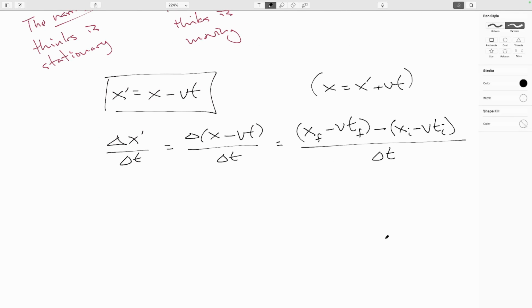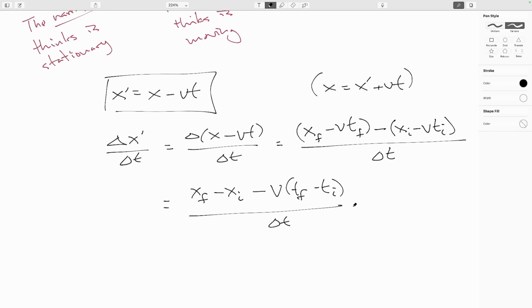All right, so if I distribute things around a bit, what am I going to get? I'm going to get x final minus x initial, and then minus v times t final minus t initial. You're welcome to go ahead and do the algebra to check that out. Divide by delta t.